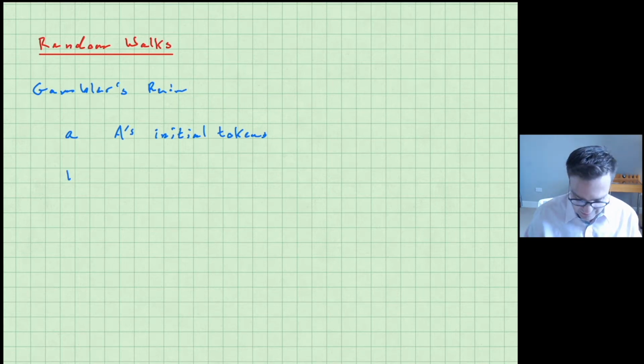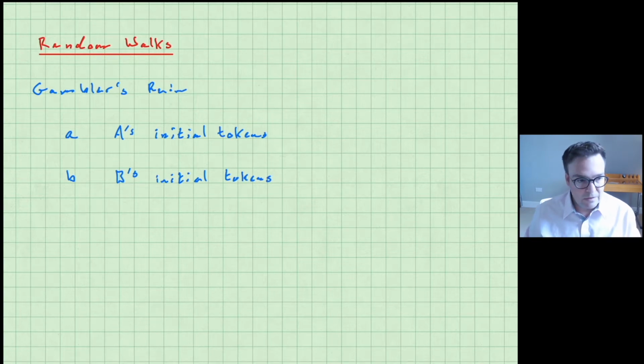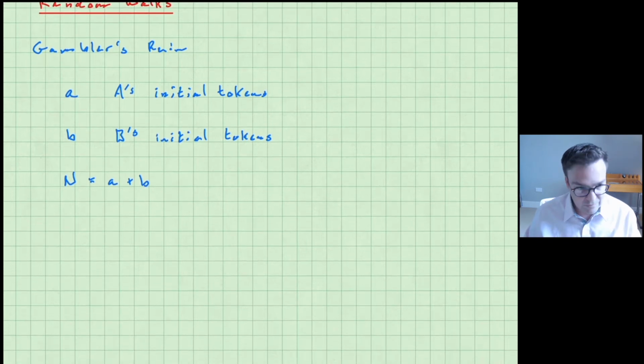And similarly, lowercase b is going to be the initial tokens of player B. And so we're going to introduce that symbol capital N for just a plus b. It's going to be sort of a boundary condition for us.